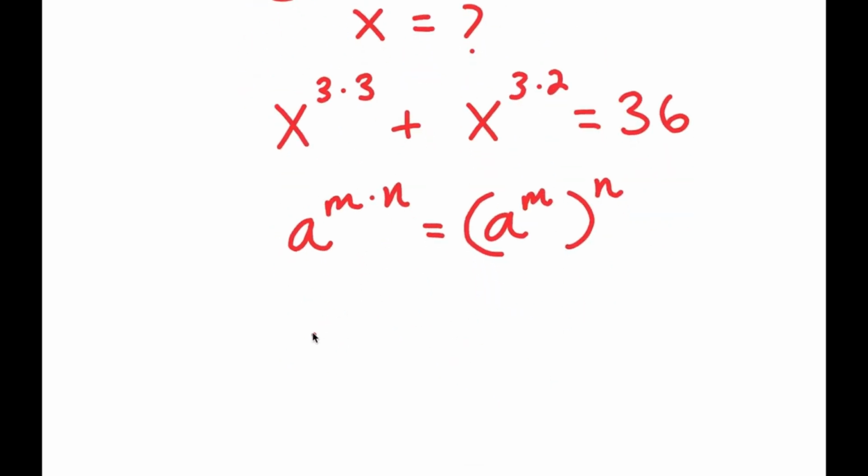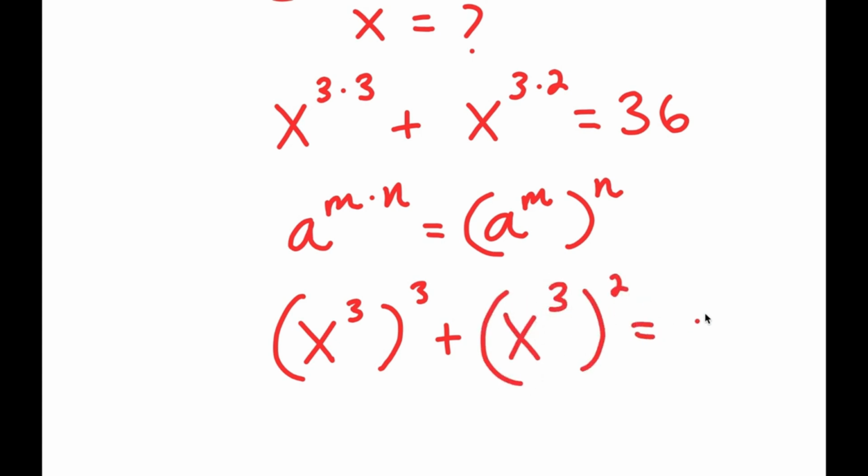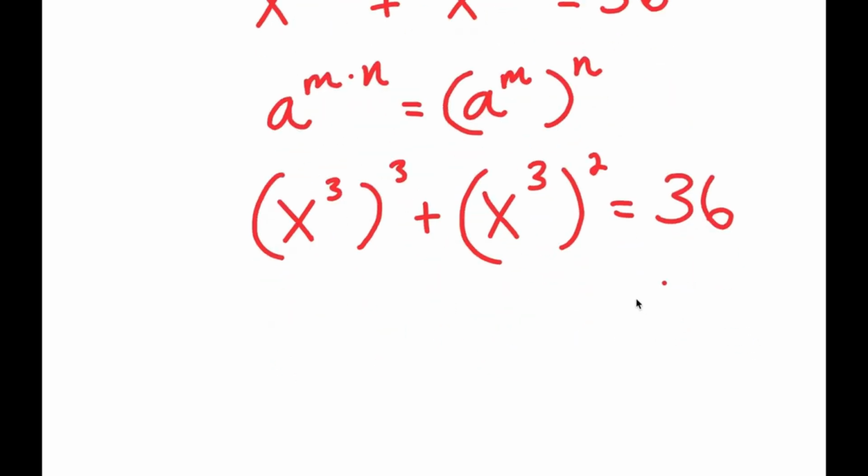So x to the power of 3 times 3, that's equal to x to the power of 3 to the power of 3, and x to the power of 3 times 2, that's equal to x to the power of 3 to the power of 2. And this is equal to 36.